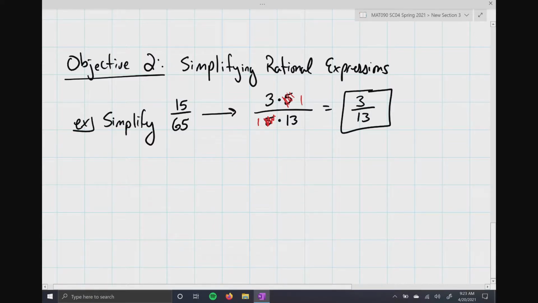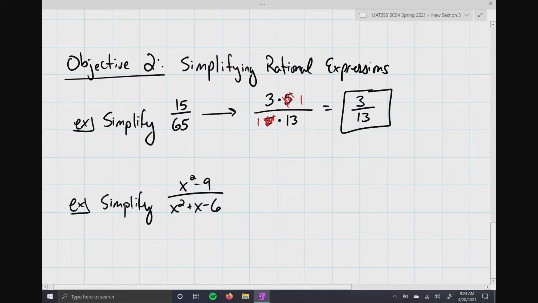Now, the problems that we're going to be doing look like this. Notice, no matter which way you want to approach this, it's still a fraction. You got a numerator, you got a denominator.